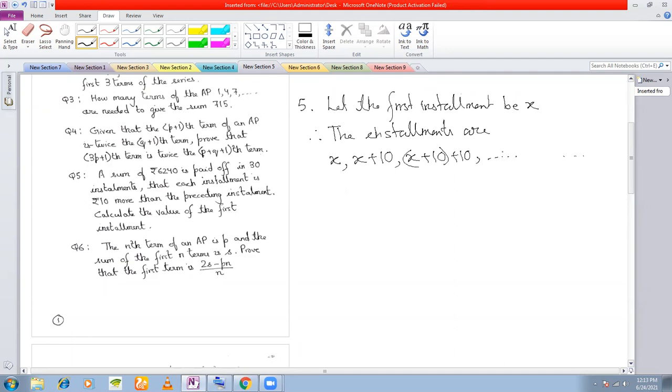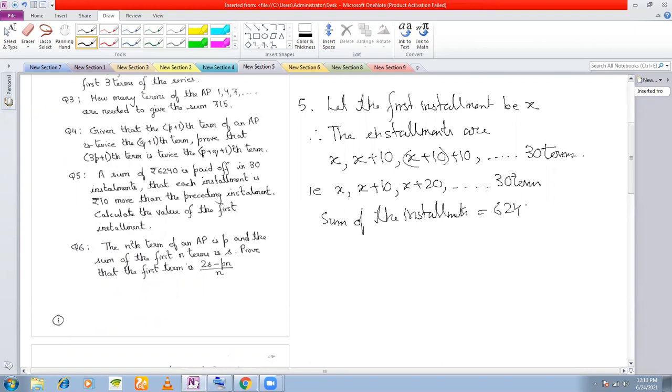And so on. This will continue till how many? The sum is to be cleared in how many installments? 30 installments, right? So this must have 30 terms. That is X, X plus 10, X plus 20, and so on up till 30 terms, isn't it? And what should they sum up to? The sum of the installments must be equal to 6,240.